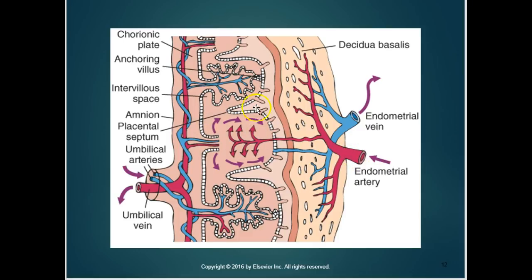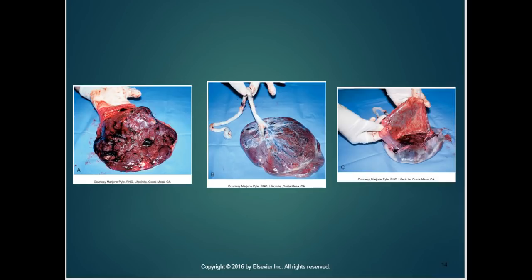The baby picks up the oxygen and nutrients and carries it via the umbilical vein to the baby. The baby pushes back CO2 and waste, same way, diffusion and osmosis. The mom is going to pick it up and carry it back via the endometrial vein. So the two should never mix. There's no mixing of blood supply.